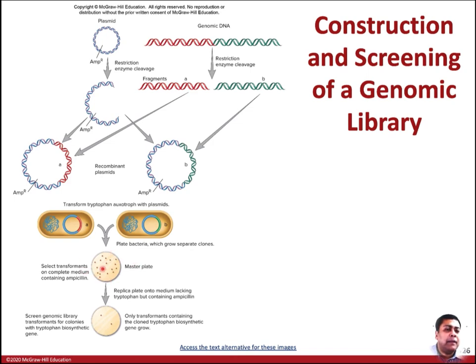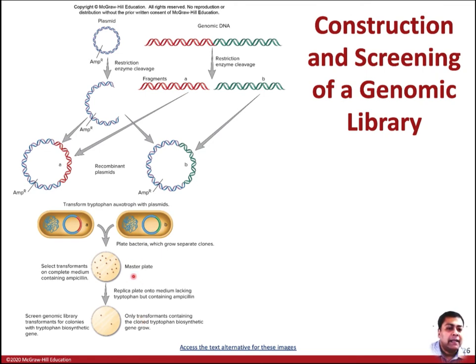We do a replica plating, and with the replica plating, we can isolate in which fragment the gene of interest is. And how do we do this? This is a very simple technique, but there are many other sophisticated techniques that can be used in complicated processes where it is not so easy. Suppose you have a tryptophan here.